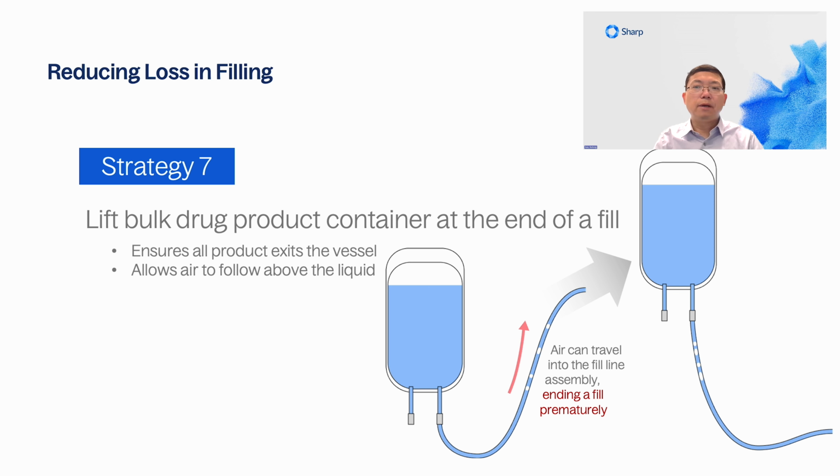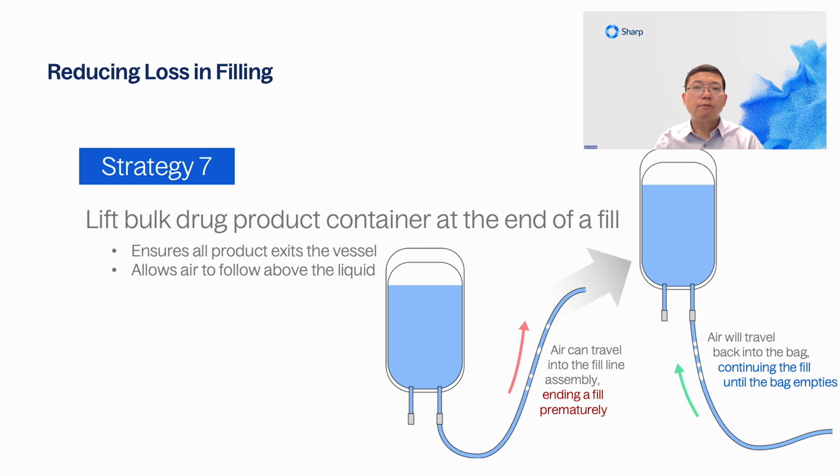If the bag is raised, then the tubing that leads to the fill needle will travel down. If air is pulled into the line, the bubbles will have a chance to rise back into the bag while the pump is resting, as the XY table is shifting to place the next container under the fill needle.